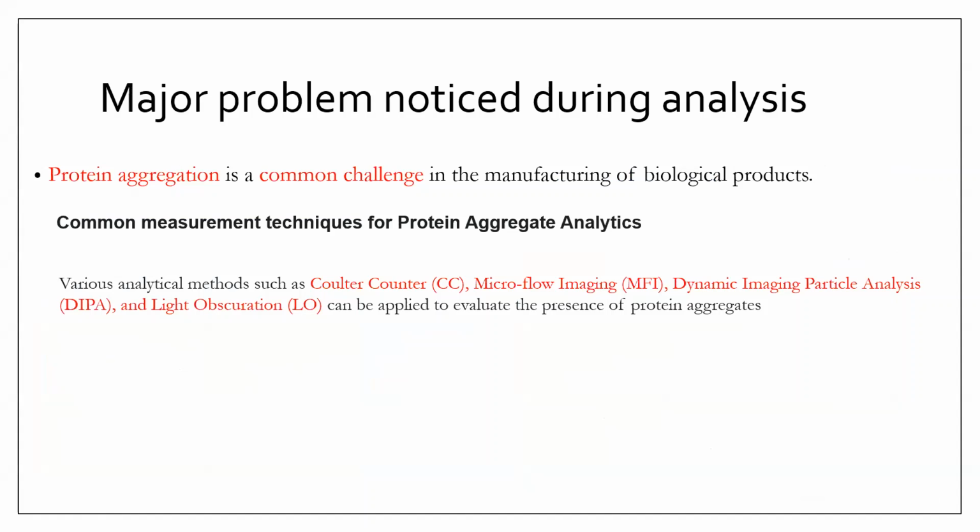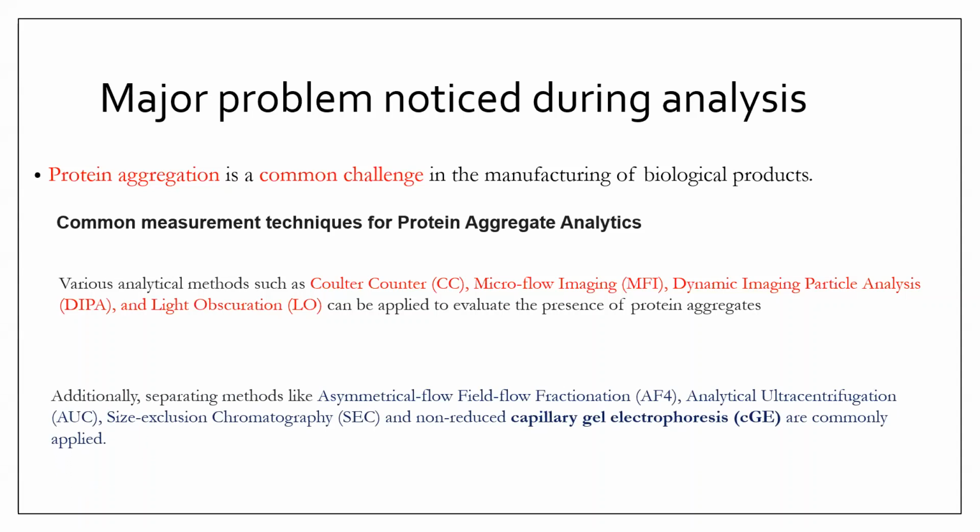Different techniques are used, like light obstruction, dynamic image particle analysis, and microflow imaging, to check if there is protein aggregation or not. If there is, then different separation methods are used, like analytical ultracentrifugation, size exclusion chromatography, and non-reduced capillary gel electrophoresis. So depending upon the aggregation, your separation techniques will be totally different.